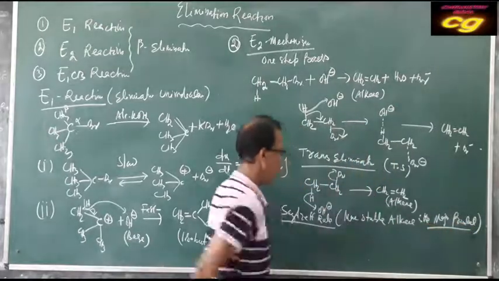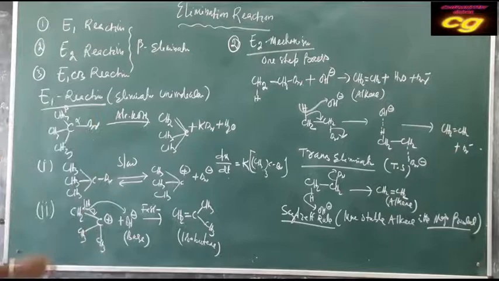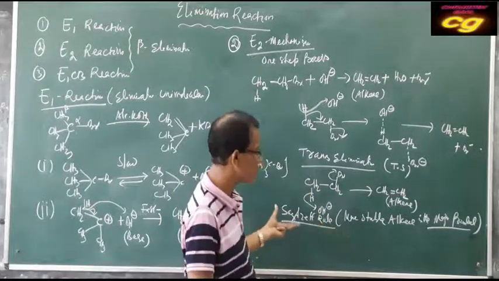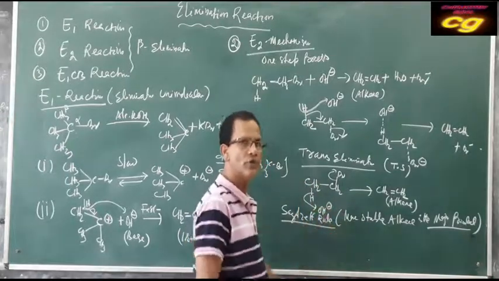The major product is the most stable alkene. I can know which alkene is the most stable product because you have to see that the alkene must contain across the double bond a greater number of alkyl substituents.